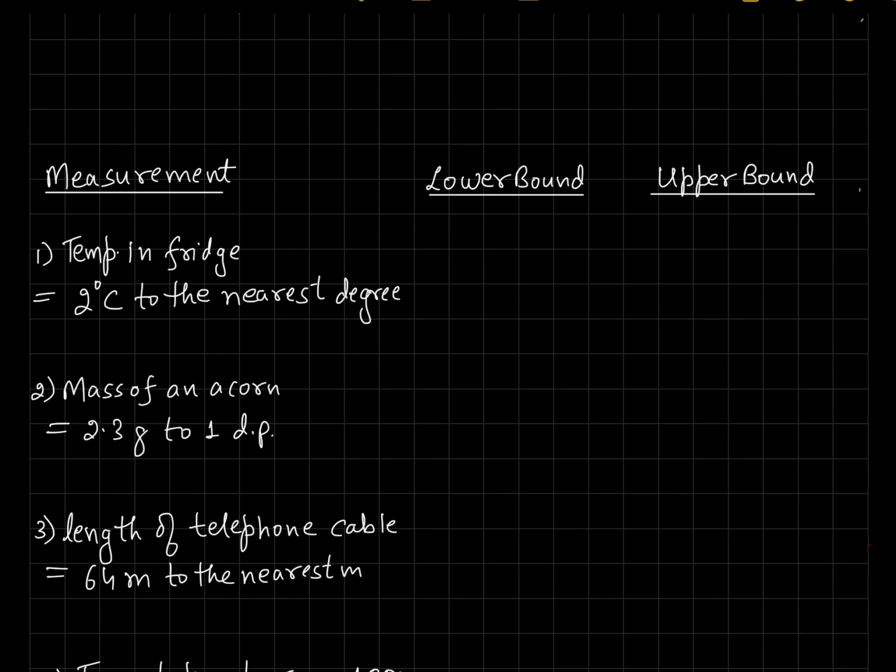To the nearest degree, it means that our unit is 1, right? So half of 1 is 0.5. So we do 2 minus 0.5, which is 1.5. So 1.5 would be my lower bound and the upper bound would be 2 plus 0.5, which is 2.5.